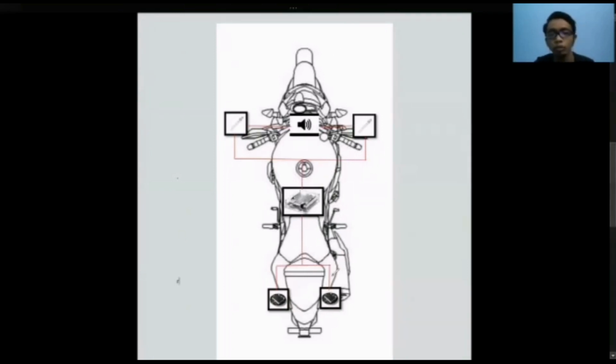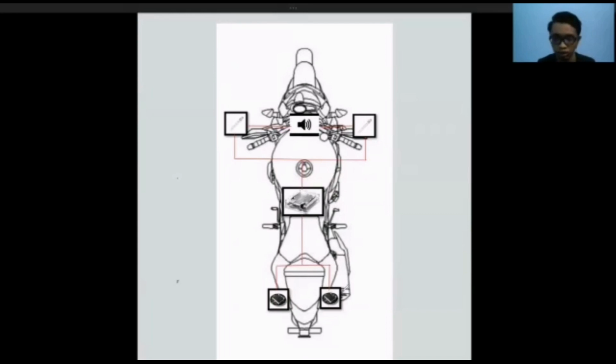Okay, why do we put sensors on both sides? This is very important to make the rider more aware of which side the vehicle will approach from. So if the vehicle approaches on the right side, it will indicate on the right-side LED indicator.